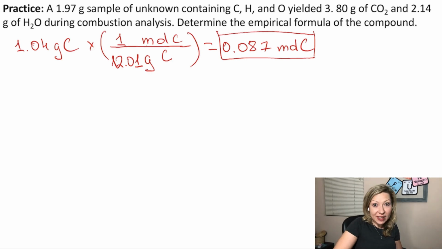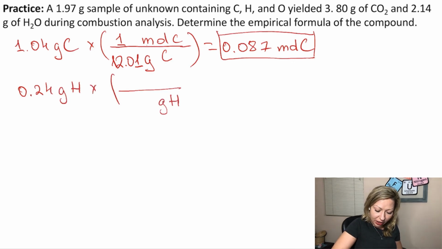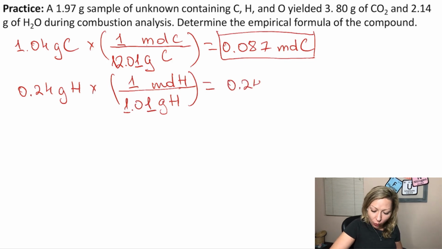I'm going to do the same thing for hydrogen. On the previous slide, I calculated that I have 0.24 grams of hydrogen. So grams of hydrogen into moles of hydrogen. 1 mole is 1.01 grams, which is going to give me 0.24 moles of hydrogen.